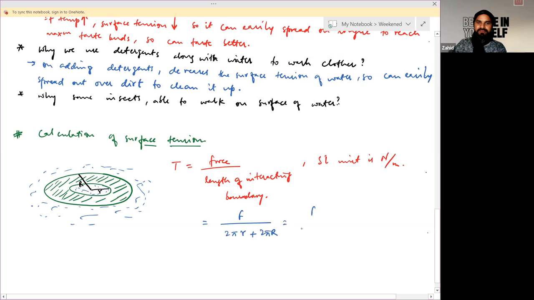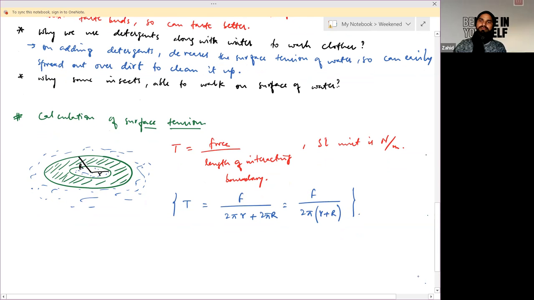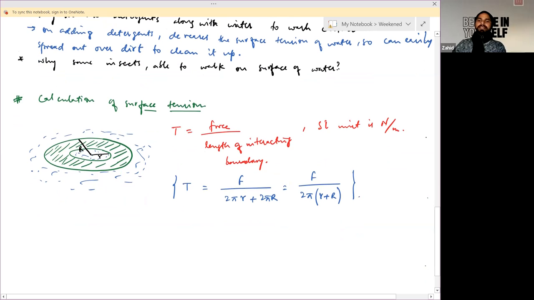So it will be F divided by 2 pi, taking r common, is equal to this part. Is it clear?